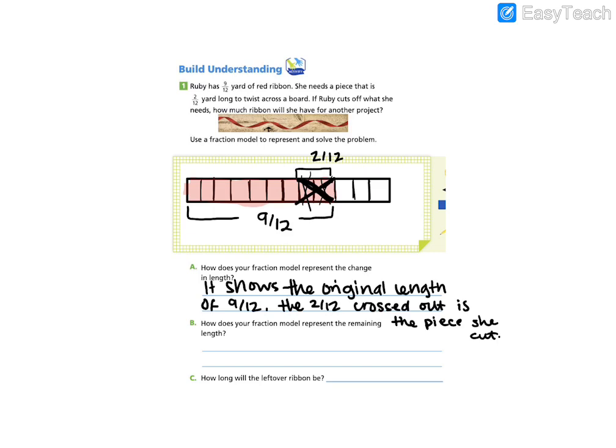So how does our fraction model represent the remaining length? The pieces that are shaded and not crossed off are the remaining length. So we can say the remaining shaded pieces are the remaining length.